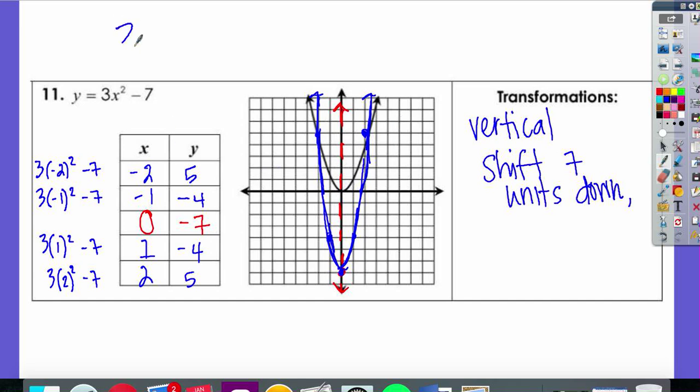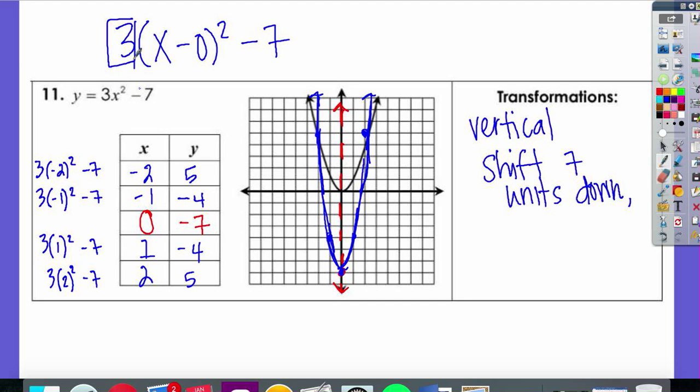That 3 is a number that is outside of the parentheses. That 3 is affecting the y coordinates. All of the y coordinates are actually being multiplied by 3. They are changing by a factor of 3. They are increasing. So if I am thinking about this in terms of vertically, because this is affecting the y-axis, technically, it looks like the original graph got skinnier.